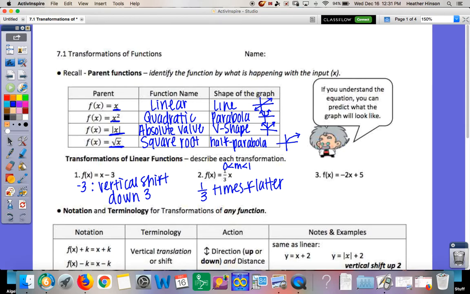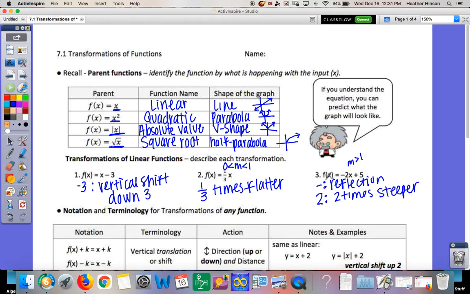And then what about 3? For 3, we have that negative out front. Do you remember what that negative meant? That's a reflection. It's just going to turn your graph over. Instead of your line going up, your line is now going to go down. It just turns it over. What about the 2? Well, that's going to be 2 times steeper because it's greater than 1.